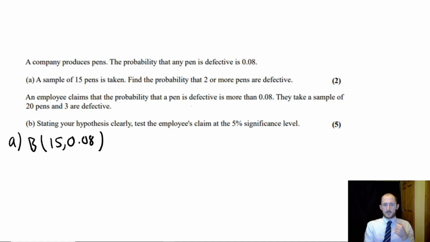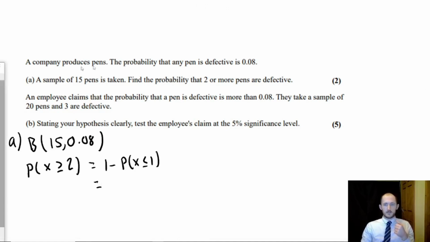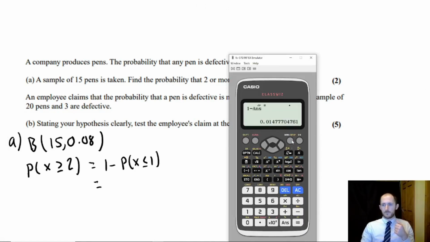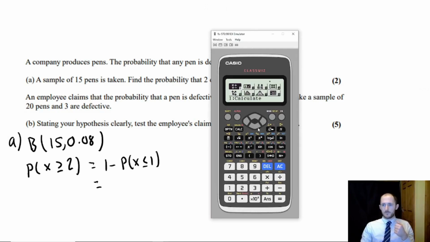So what we're going to work out is the probability that x is greater than or equal to 2, which is the same as doing 1 minus the probability that x is less than or equal to 1. And again, we just whip out our calculator and use that. Binomial CD, variable, we're looking for 1 out of a sample of 15.